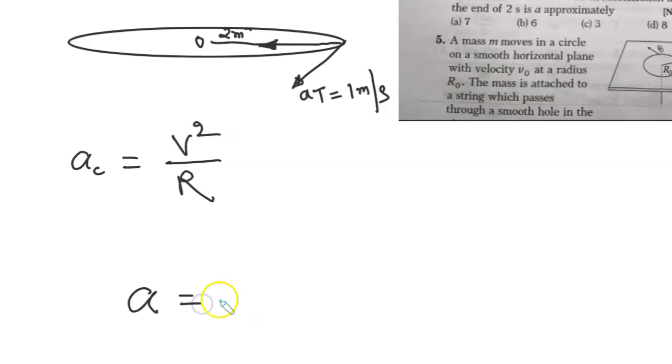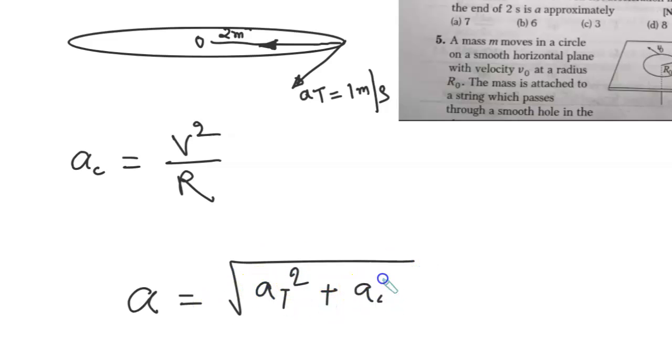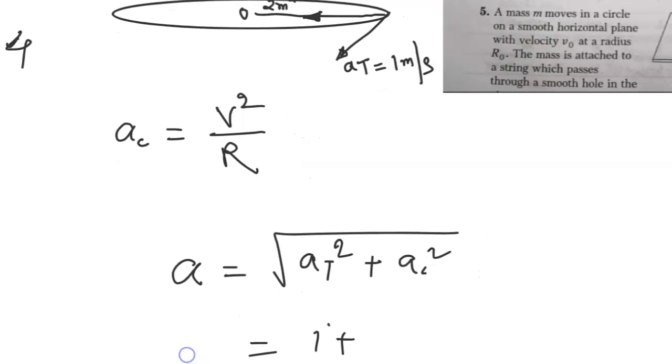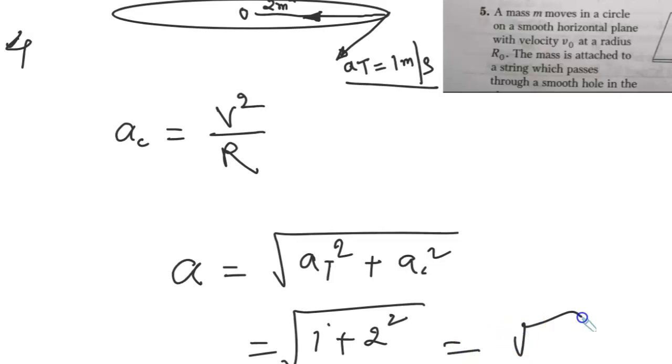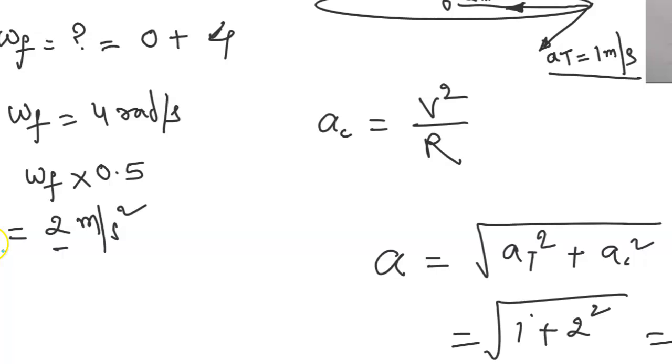So a is equal to root of a_c square plus 1 square. You calculated just the velocity, no?